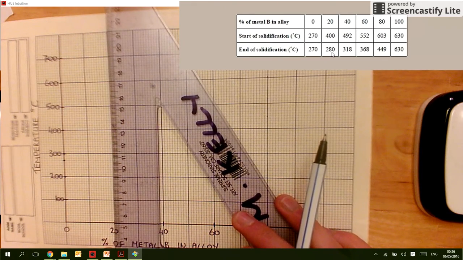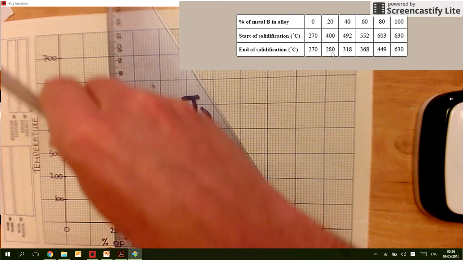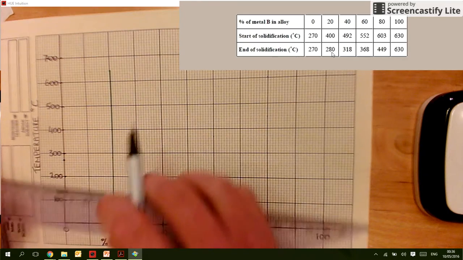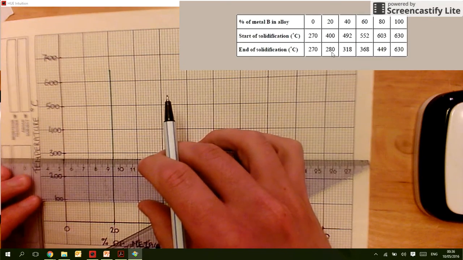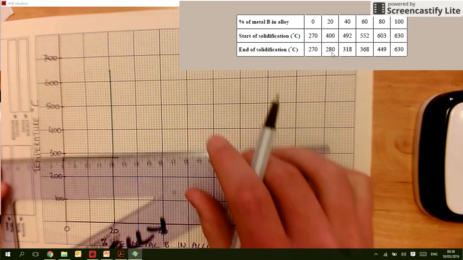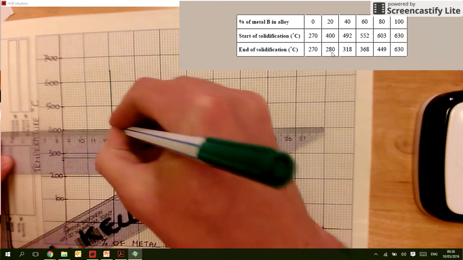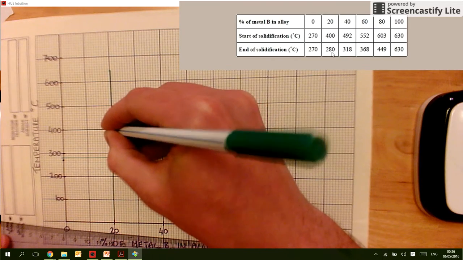And you'll be taking a light line up the page from our 20% metal B, and then straight across from 280 degrees Celsius and from 400 degrees Celsius. So that's going to give me 2 points on my graph, here and here.